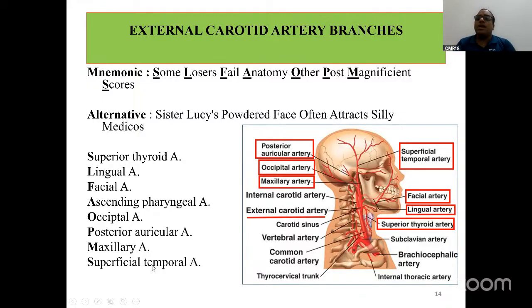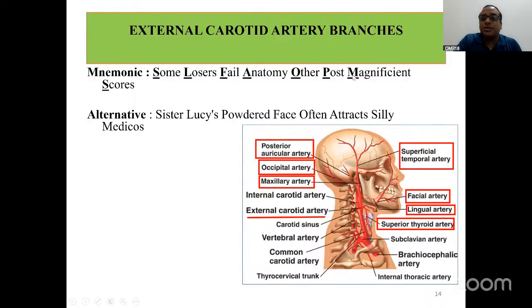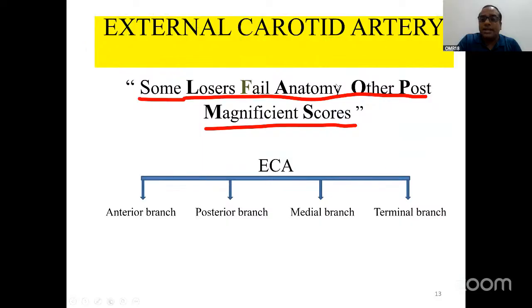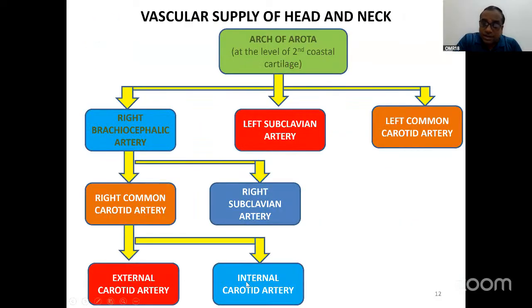So if someone asks you what the maxillary artery is, it is a terminal branch of the external carotid artery, and the external carotid artery is a branch of the right common carotid, right brachiocephalic artery, and arch of aorta.